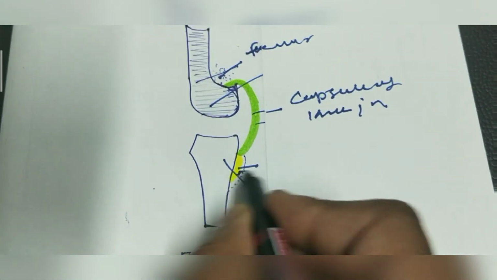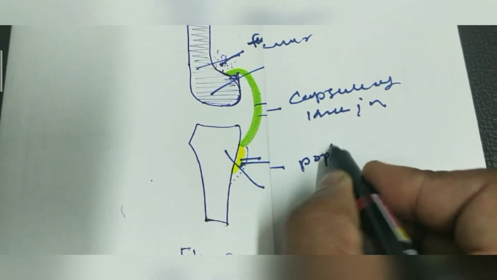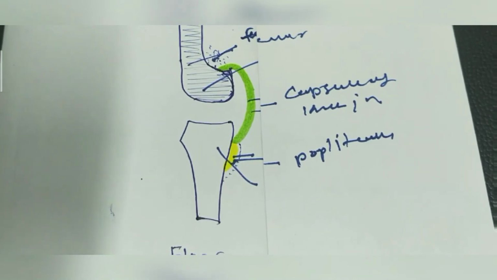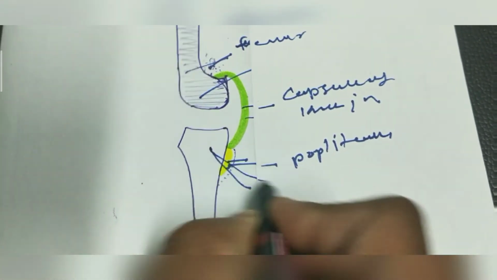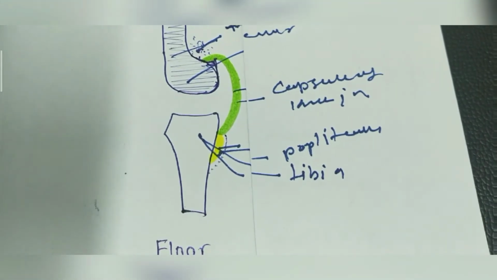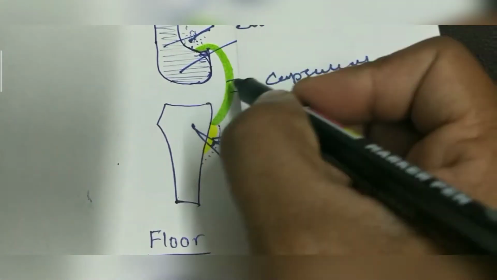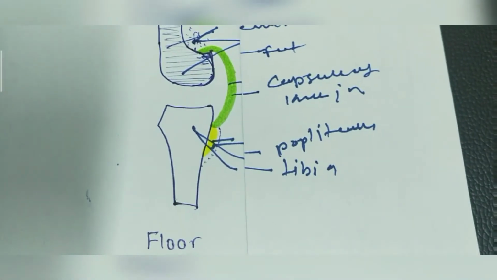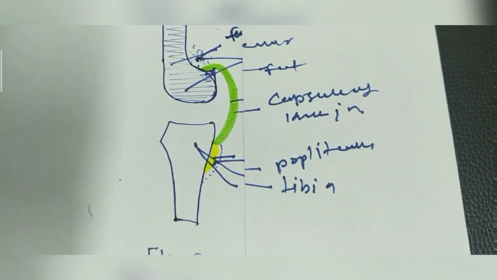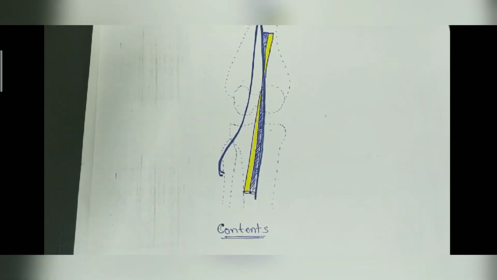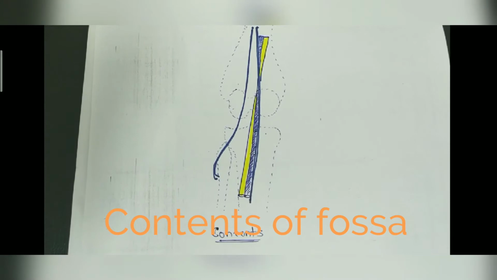Then there is a small muscle known as the popliteus muscle, covered by a fascia. It is also formed by the upper end of the tibia and a part of the fat present in the popliteal fossa. These form the floor.